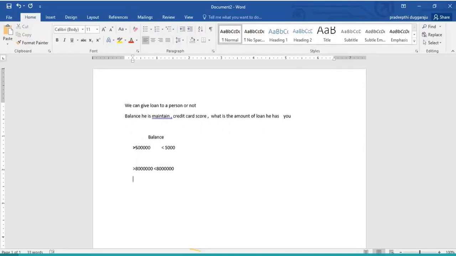Then after that it will check the credit card score, greater than 700, less than 700.